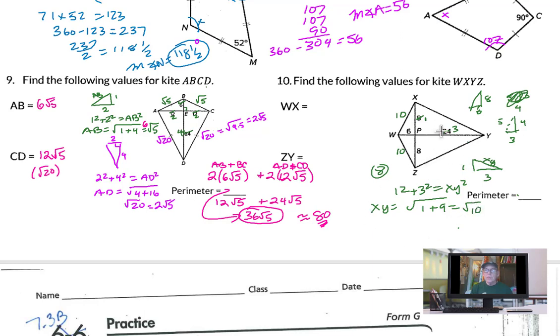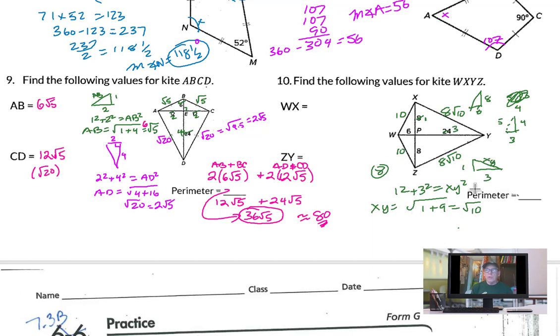So this length is going to be square root of 10. But remember, we took an 8 out, so this is going to be 8 square root of 10. And this is going to be 8 square root of 10. So I made the number smaller and then put the 8 factor back in again.